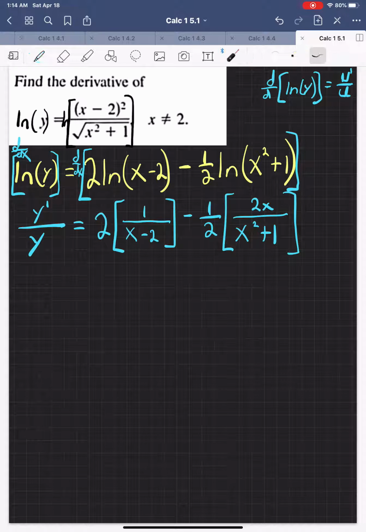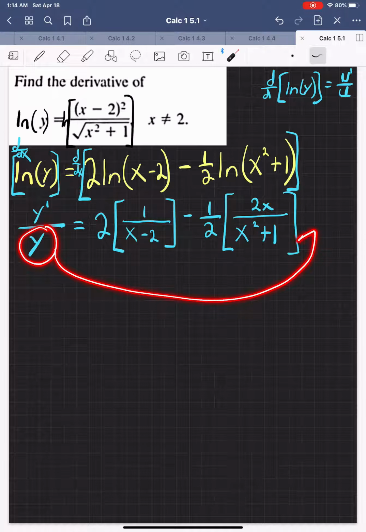Okay, now this is not a derivative, right? You have to solve for y prime. So we can solve for y prime by simply multiplying both sides of the equation by y. I can bring the y over here.